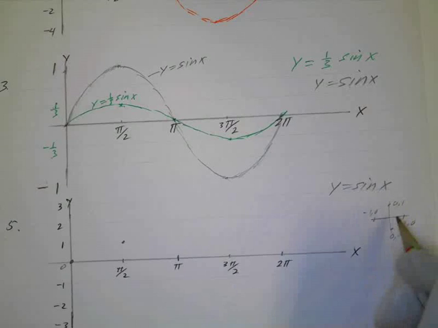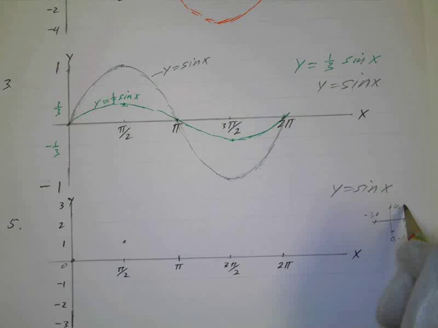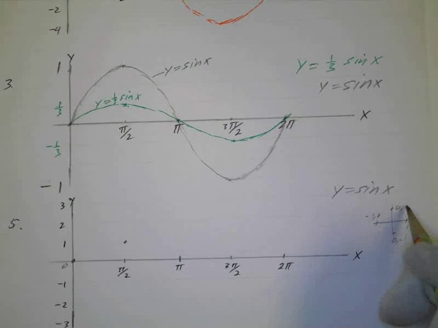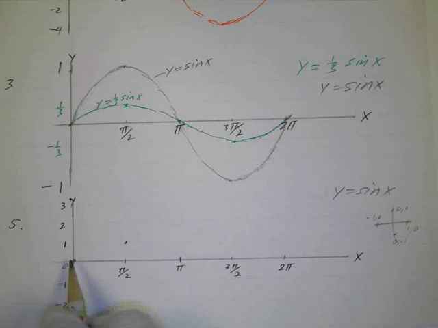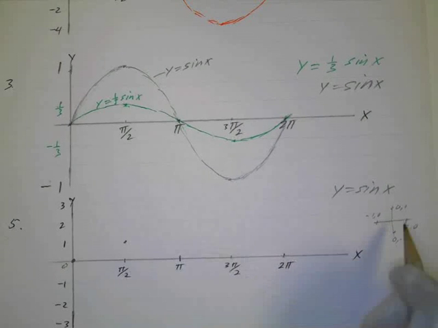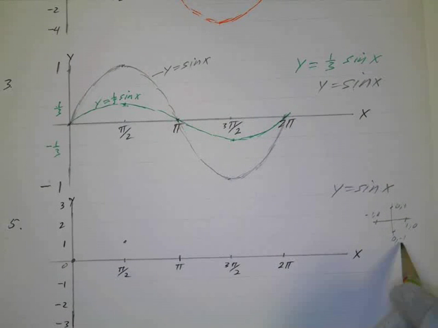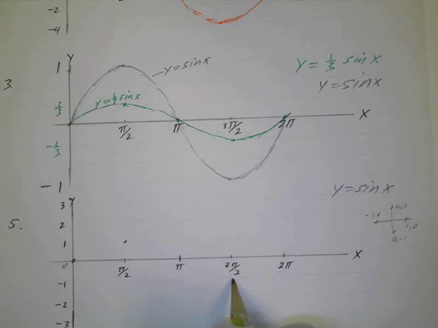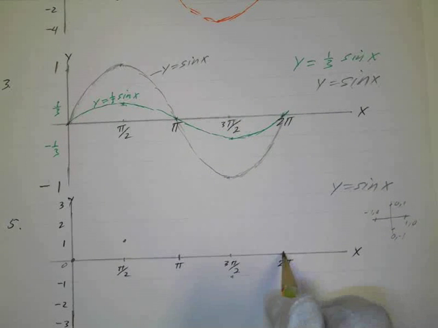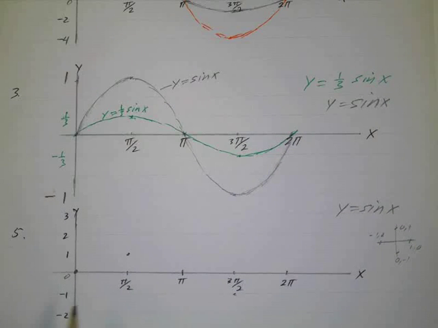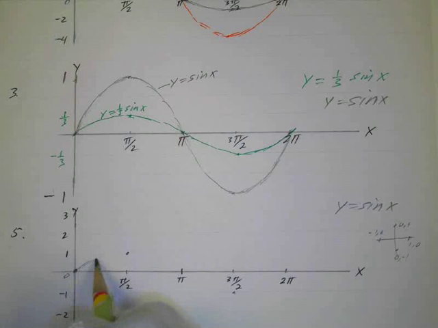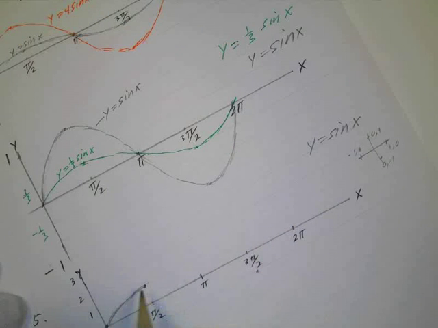And remember the sine is the right coordinate, it's cosine, sine. So here's our 0, here's our 1, here's our 0, here's our -1, and there's your 0. So those are the 4 points. Okay, and then we just graph it. So it's real easy to graph. You just need 4 points, and then it's connected with a smooth curve.